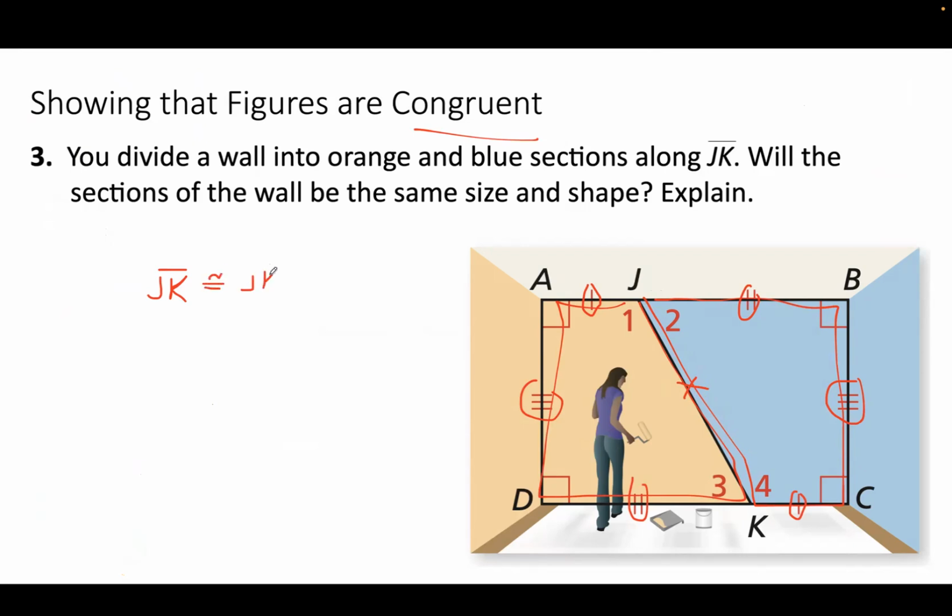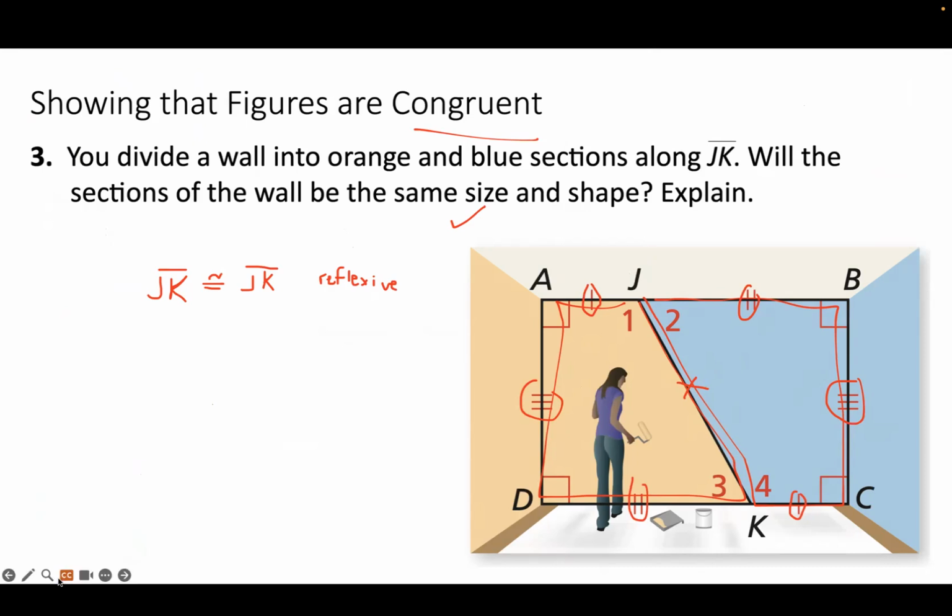So if you think about what property this is, saying something is congruent to itself, that's the reflexive property of congruence. So we can use the reflexive property to get our fourth side. So we have these three sides and then JK, and these three sides and JK. So we do have all four sides congruent. So that means it is the same size.